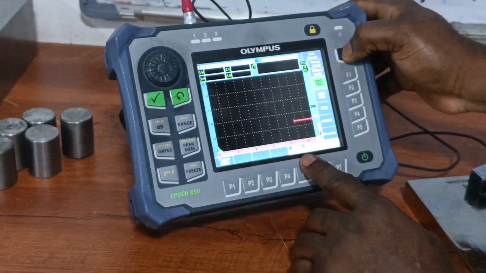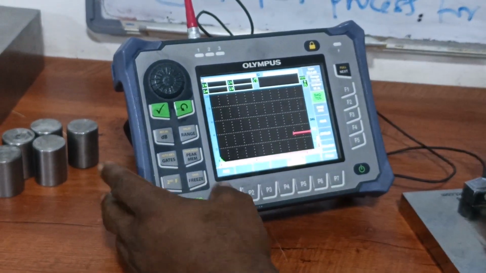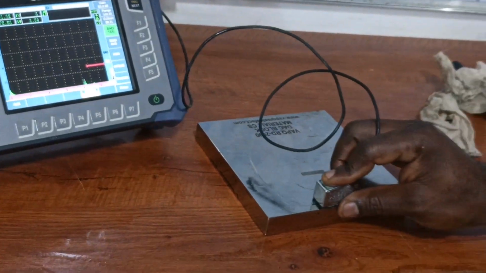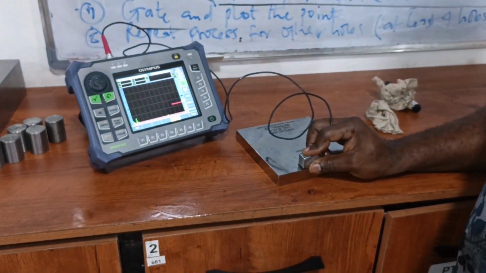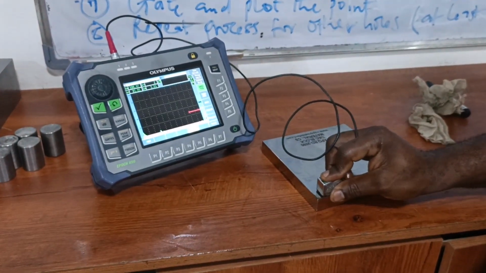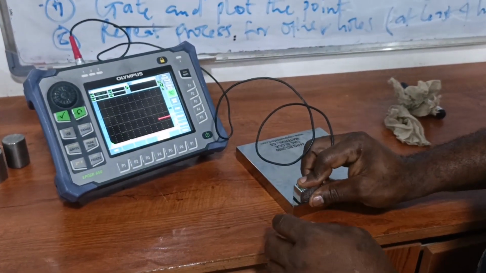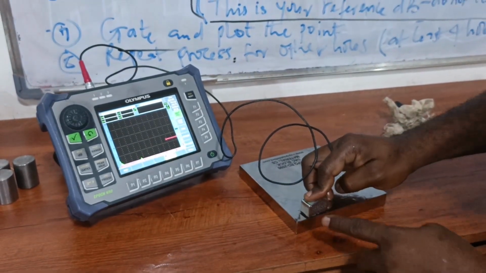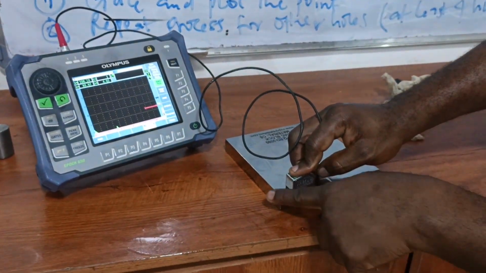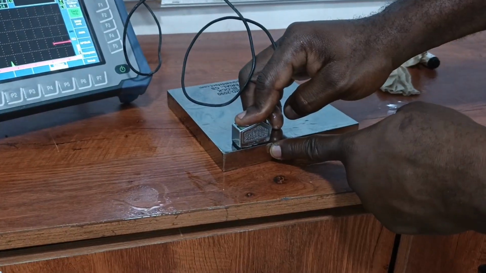For me to be able to adjust these things, it means I will have to go and turn off the DAC. So if I go back to the DAC menu, I go to my first hole, and I'm seeing multiple echoes, because one of the things you are going to see, if I look at this point, I'm seeing one echo here. The question is, if you look at your hole, is this echo coming from the hole? We are away from the hole.